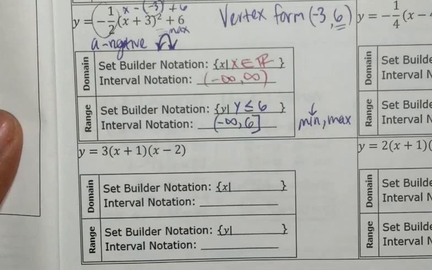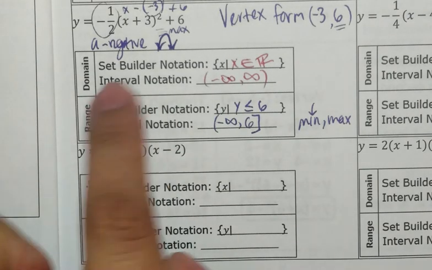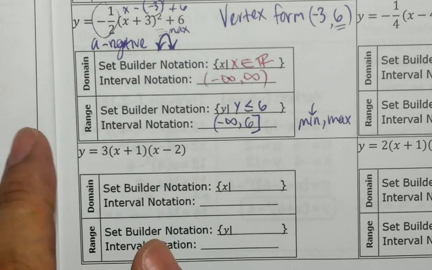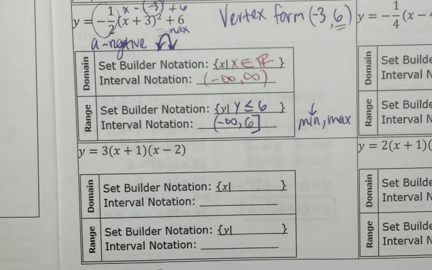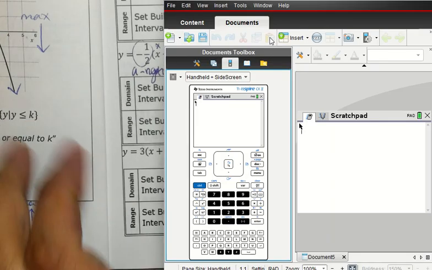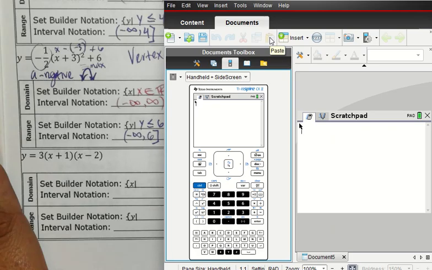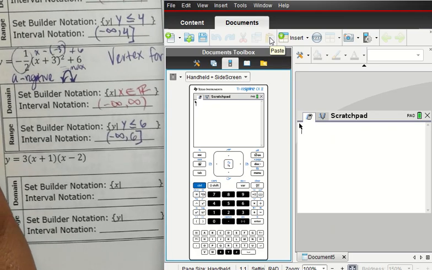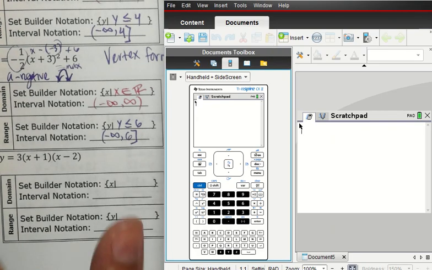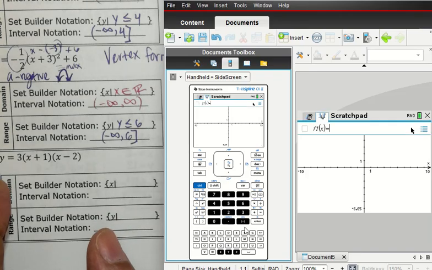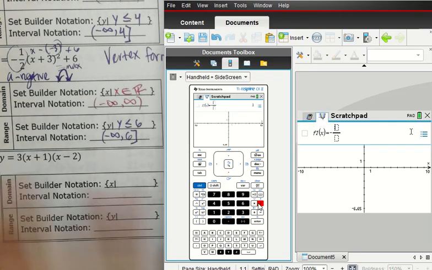Actually, let me graph that just so you can verify that it is what we wrote. I'm going to move this a little bit right here. Okay, so we're going to have negative 1/2 x in parentheses plus 3 squared plus 6.